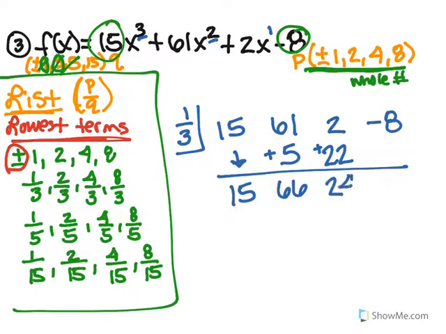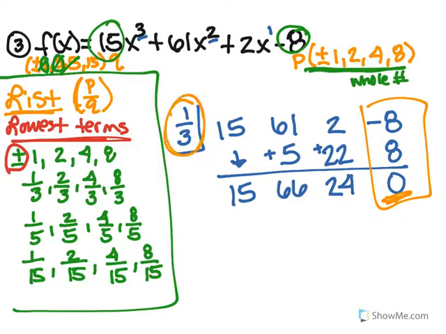And that will give you 24. 1/3 times 24 or 24 divided by 3 would give you 8. And negative 8 plus 8 is 0. It works. 1/3 worked. Because I got 0 as a remainder. So 1/3 is one of your 3 answers.